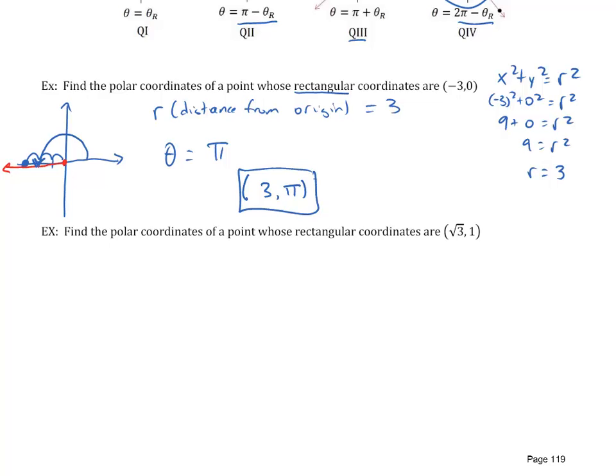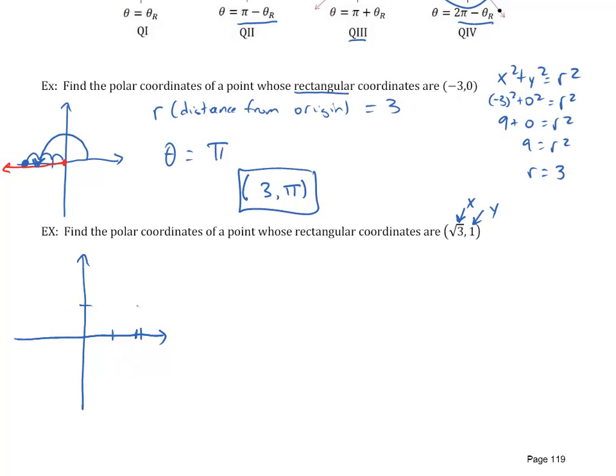All right, so let's kick it up a notch, shall we? Find the polar coordinates of a point whose rectangular coordinates are square root of 3 comma 1. So that's my x and that's my y. Let's start by plotting where this is. First of all, both of these are positive. Square root of 3 is about 1.7, so it's between 1 and 2, right about here.